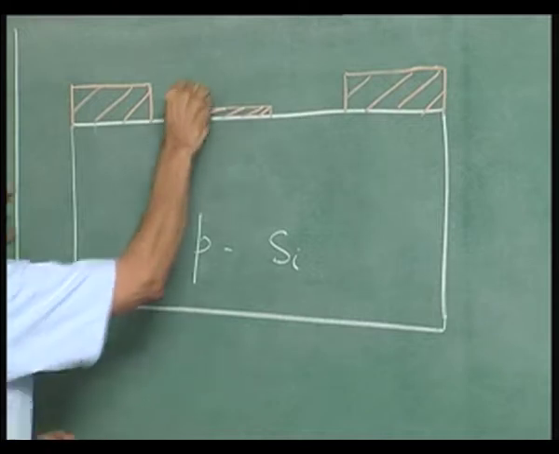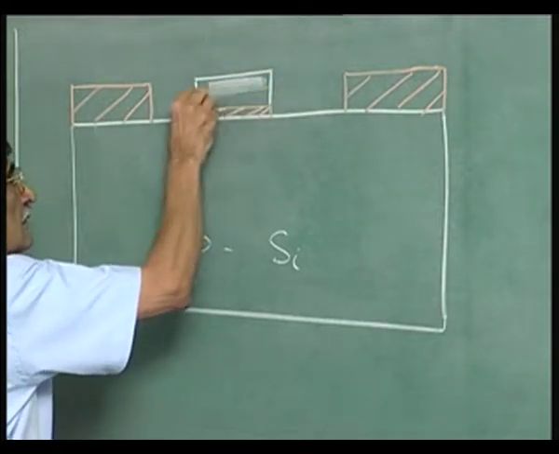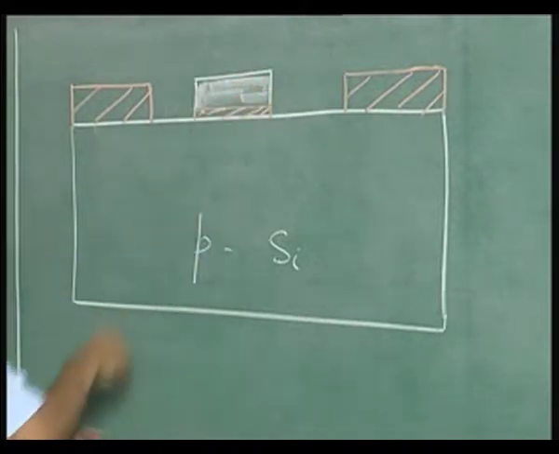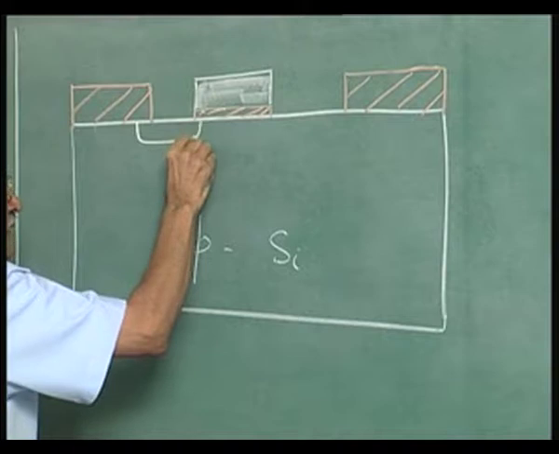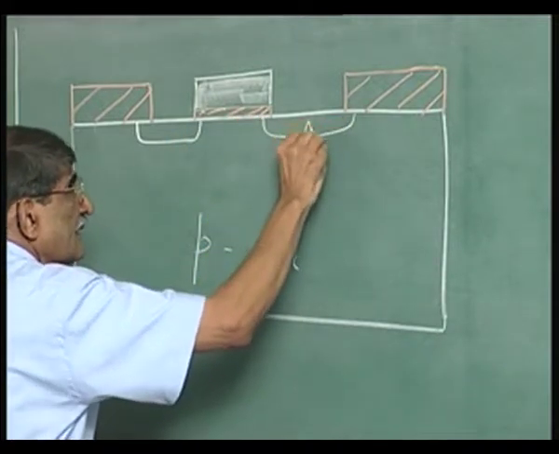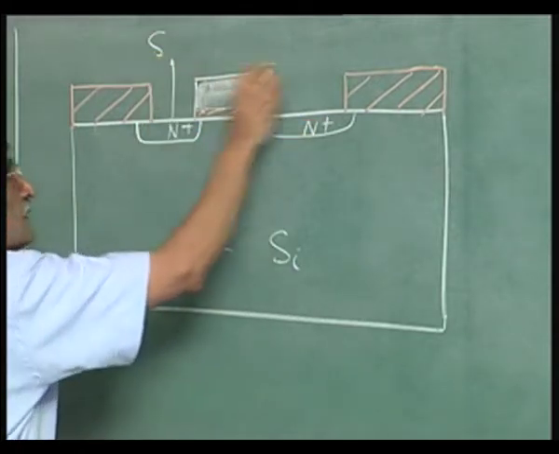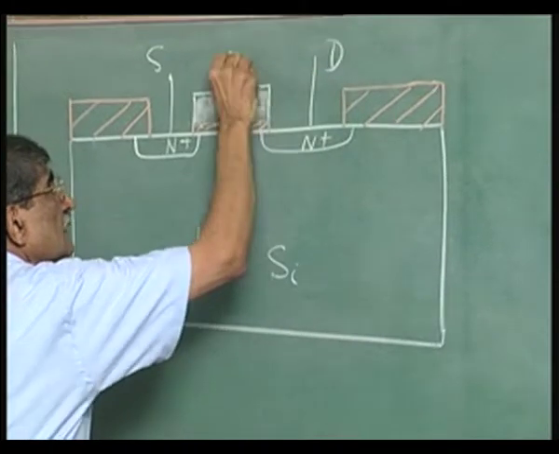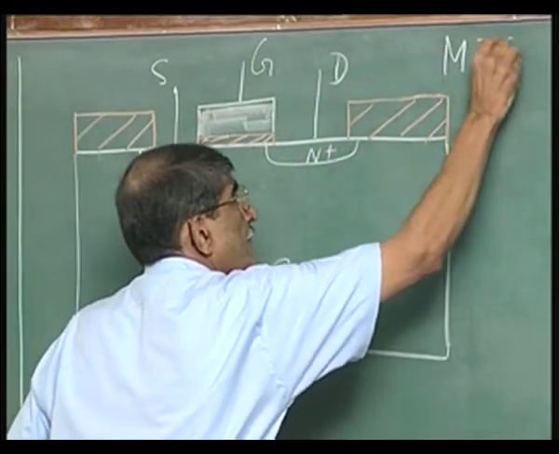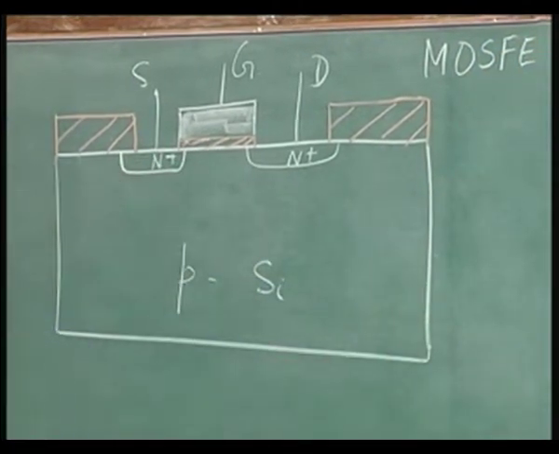Best. Then you have this gate, and then you have the, for completeness sake I am drawing this. The point that I am trying to make is you have the source, you have the drain, and you have the gate. That is the MOSFET. What are we looking at here?